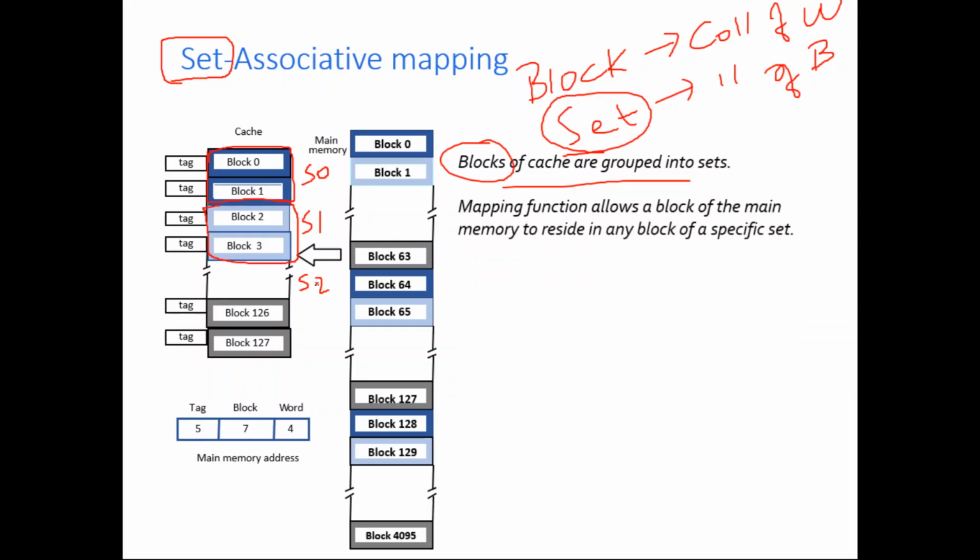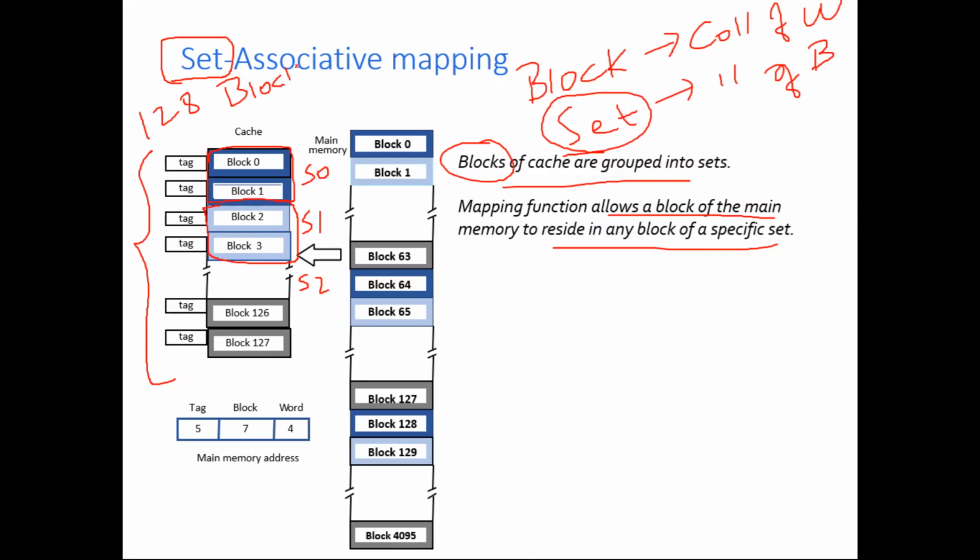Then the mapping function allows a block of the main memory to reside in any block of a specific set. What does it mean? Let us take this example itself. In this example there are 128 blocks. Now we are grouping these into sets.